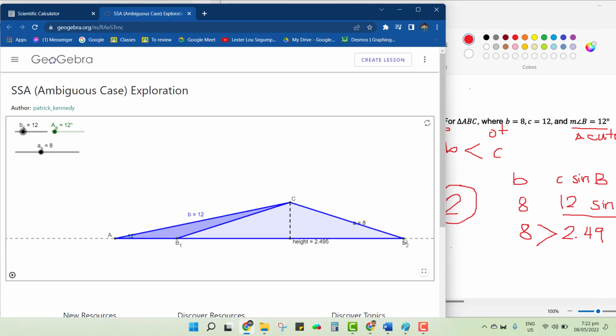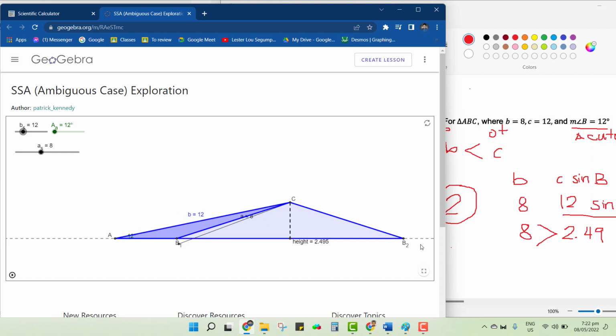This triangle is where the angle included between the given sides, B and C, is obtuse. That's one possible situation. The other triangle that can be formed is the smaller one here, where the angle between the sides 12 and 8 is acute.